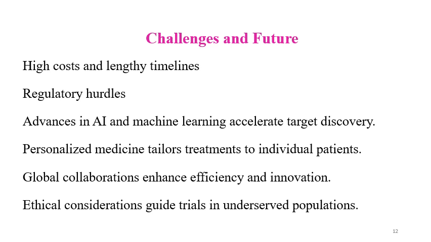It starts from the problem statement or unmet medical need, then understanding the disease condition, understanding the targets, generating the lead compounds, checking their structure activity relationship, then going to the preclinical studies. These are the animal studies. Then the drug goes through phase 1, phase 2, phase 3 trials. That is the clinical studies. Then the formulation is made.